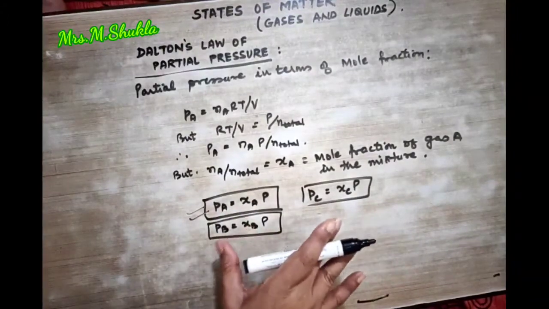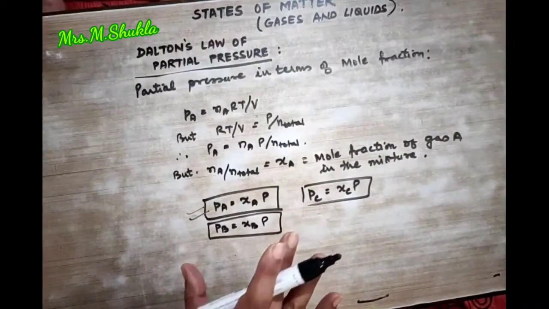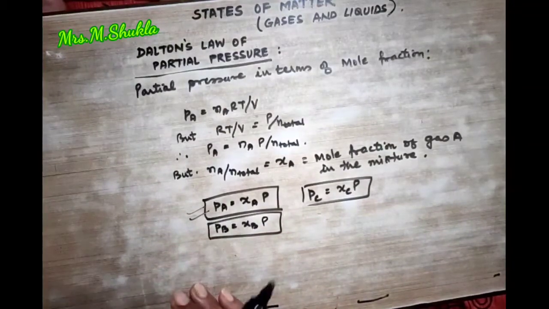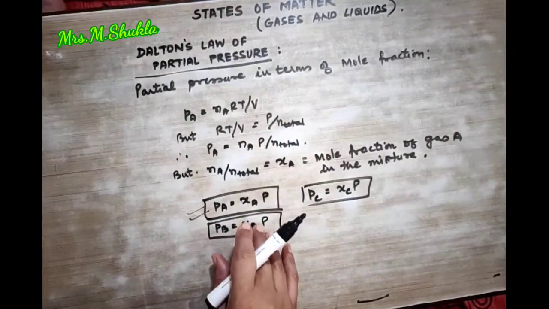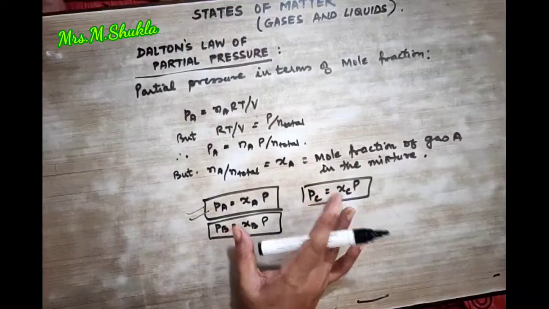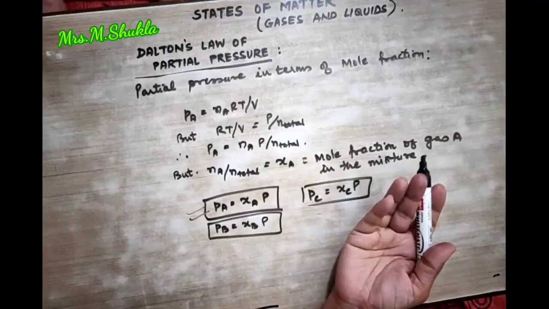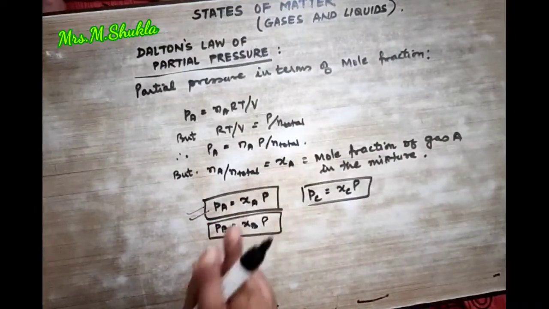Then if the mixture has two gases, when the mole fraction of gas A is, suppose, 0.6, then its contribution to the total pressure will be 60%. Okay, and the contribution of the other gas will be how much then? 40%. I repeat, what did I say?